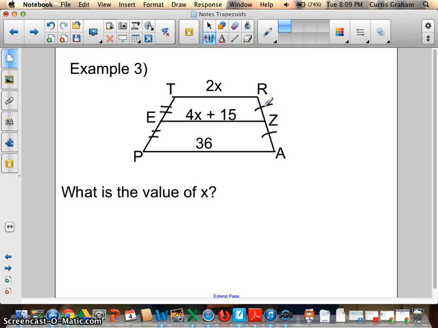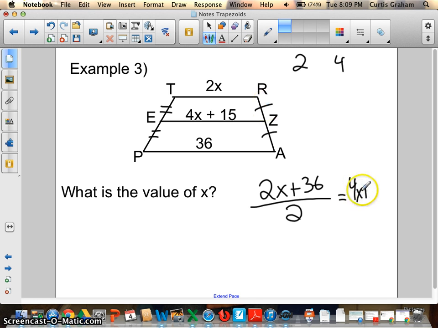If I give you 2 and 4, how do I find the average of those? Add them together, divide by 2. Same thing here. I'm going to add my bases, so 2x plus 36, and I'm going to divide by 2. And that's going to give me my mid-segment, which is 4x plus 15, because it's the average of the two bases. Now I need to solve that.